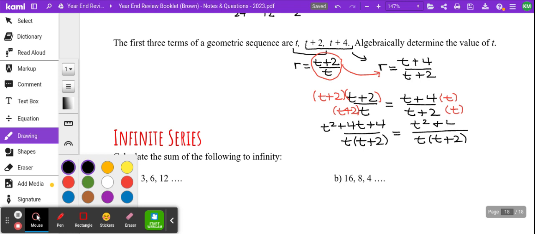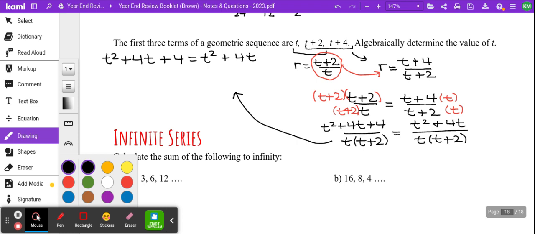Would you agree at this stage I could eliminate the denominator? So I would keep my numerators. Maybe I write them out: t squared plus 4t plus 4 equals t squared plus 4t.